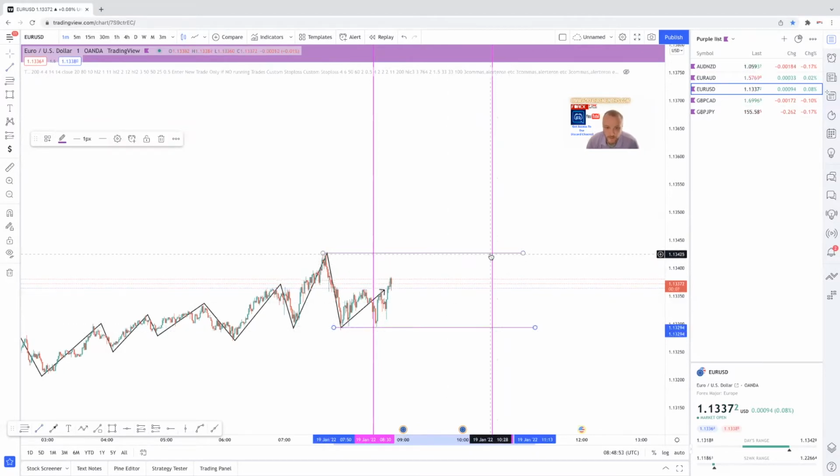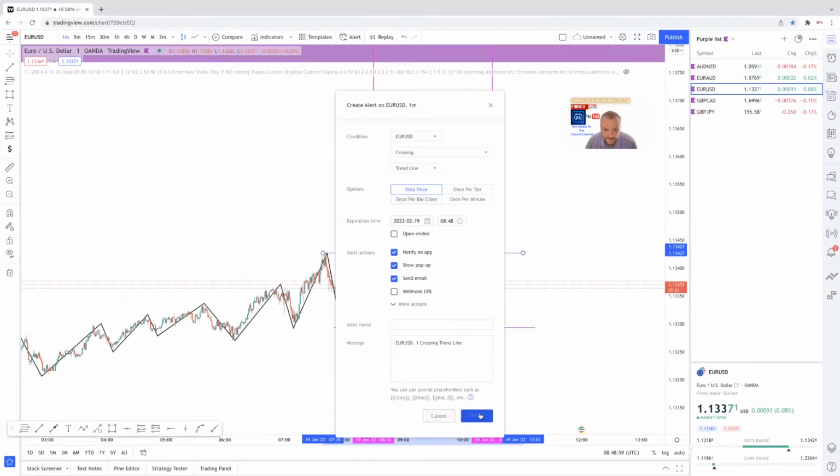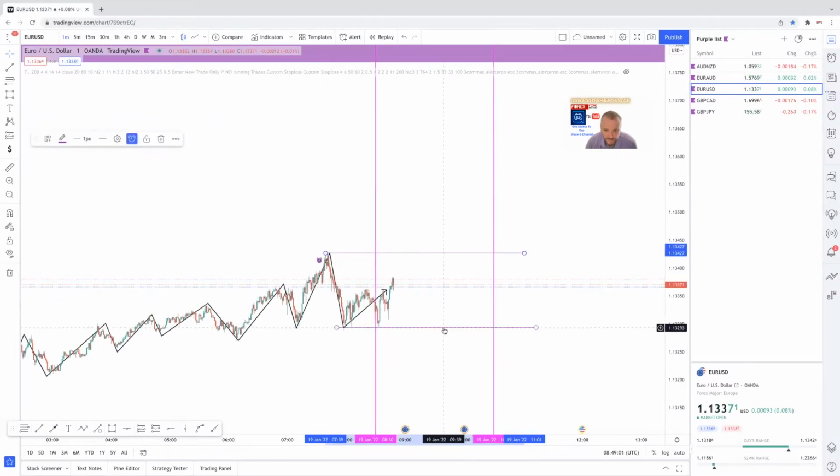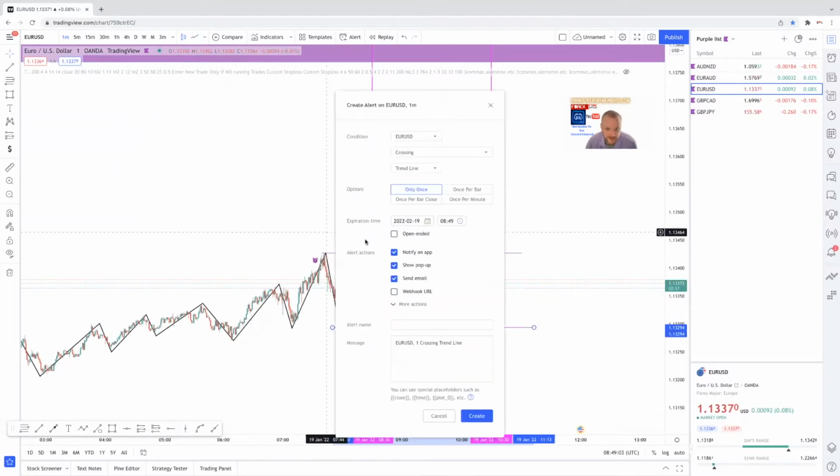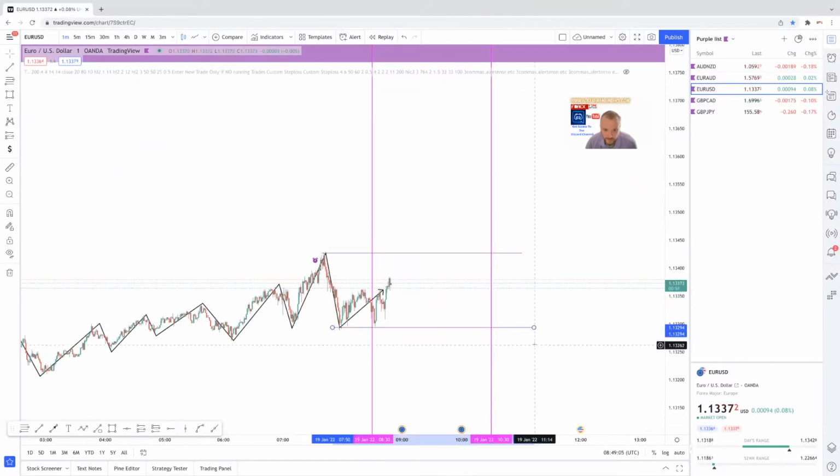Okay, now what I do, the reason why I do that is I would set an alert on the high. I would set an alert on the low, so I know when we've broken structure out of either the high side or the low side, we are obviously out of that range on the 15-minute.